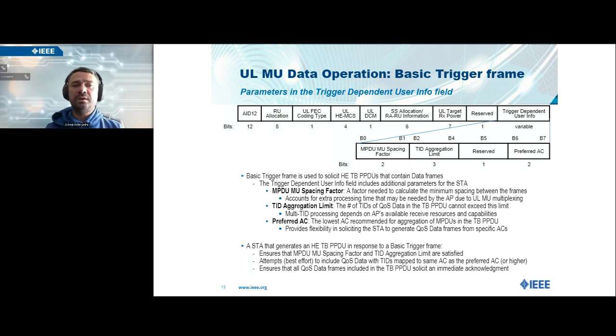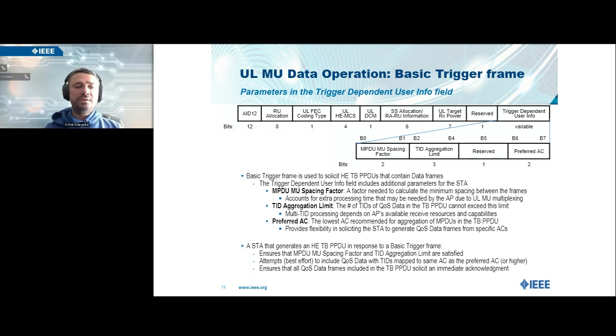We do have the TID aggregation limit as well, which tells the station the maximum number of TIDs from which the station can include QoS data frames in that particular TB PPDU. So if the access point, for example, tells the station that the TID aggregation limit is 3, then the station can only include QoS data frames from up to 3 TIDs.